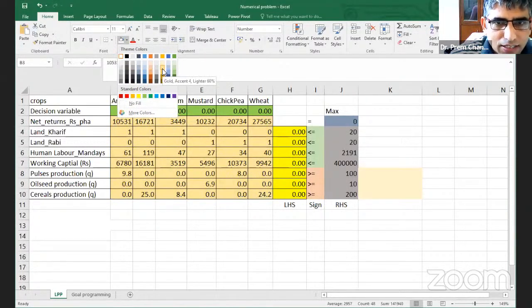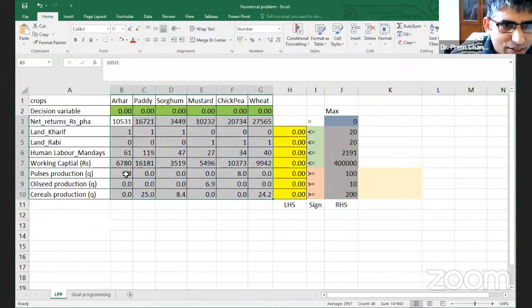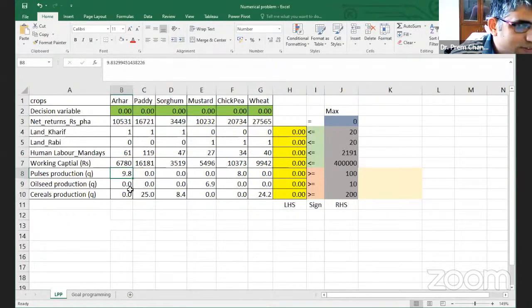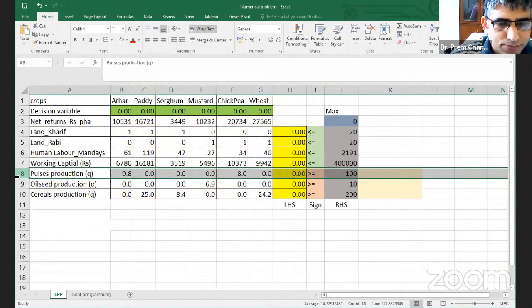These highlighted colors are the unit requirements, or use coefficients. 9.8 quintal is the yield of Arhar. It is a pulse, so I have written it against the pulses production row.